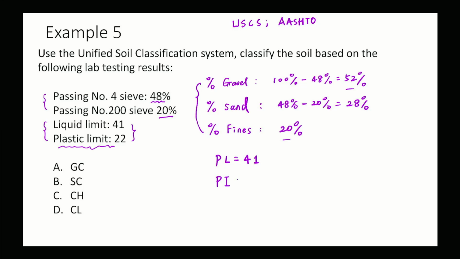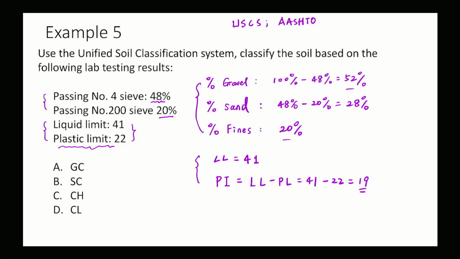The definition of PI is PL... oops. Backtrack a little bit. So this is not PL, that's LL, sorry. So this is LL minus PL, which is 41 minus 22. We have 19. It's 19% of moisture content, so that is the PI.